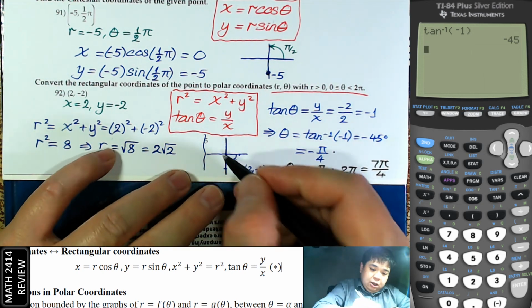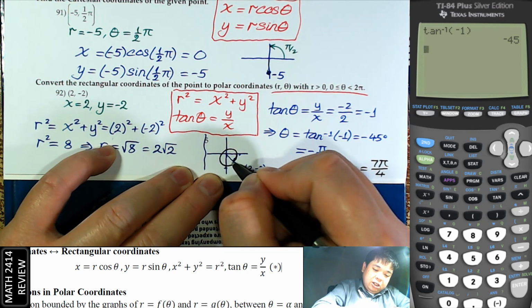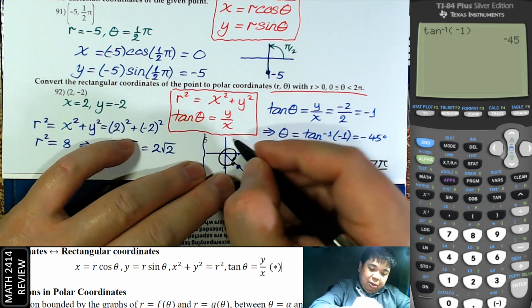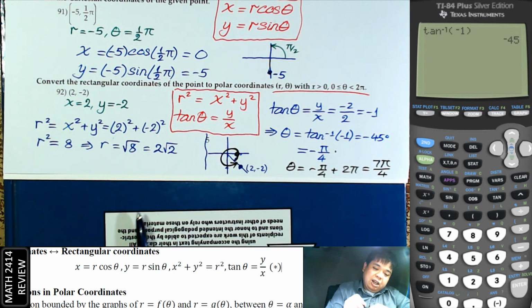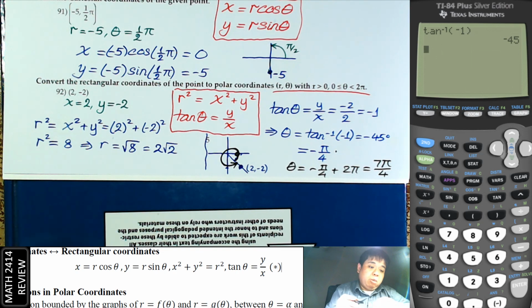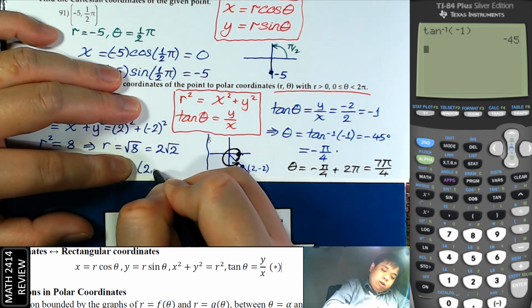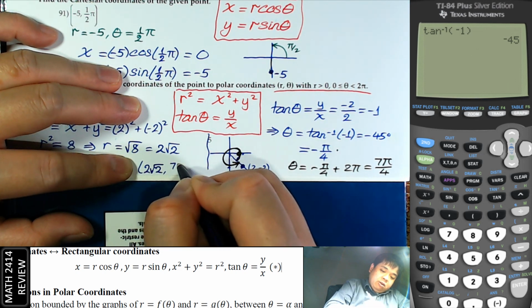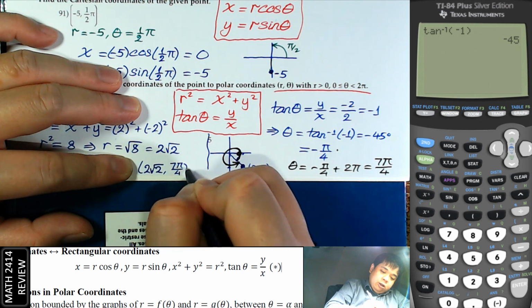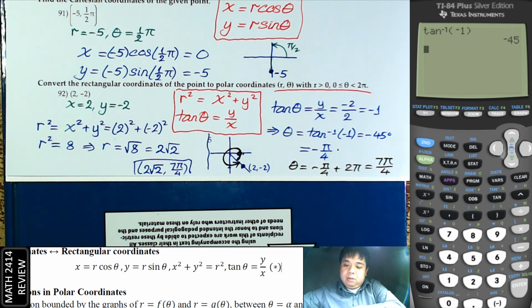It's just like this, but we go one extra revolution. I mean, go from here, in that direction. So 7 pi/4. So the point here will be 2 square root of 2 for r, and the angle 7 pi/4.